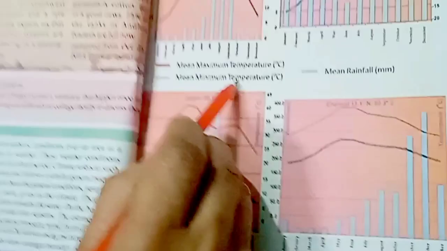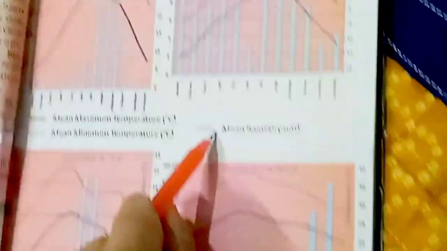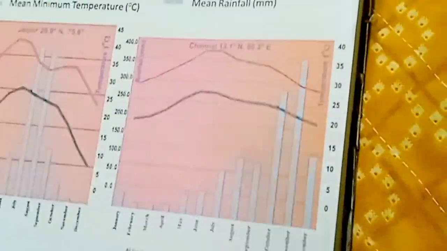Here the red line and ash color line mean maximum temperature and minimum temperature, and the blue color bars mean mean rainfall. So it is very easy to answer the questions if they are given in the examinations.